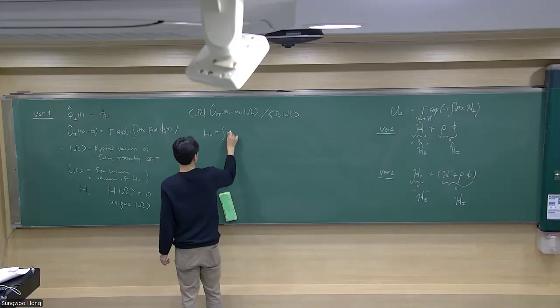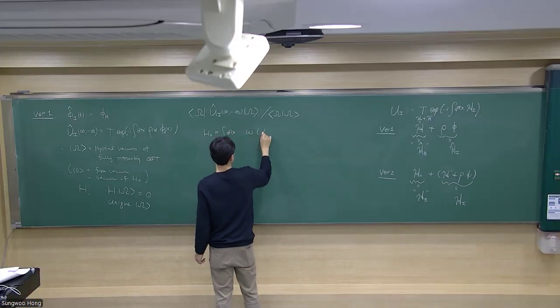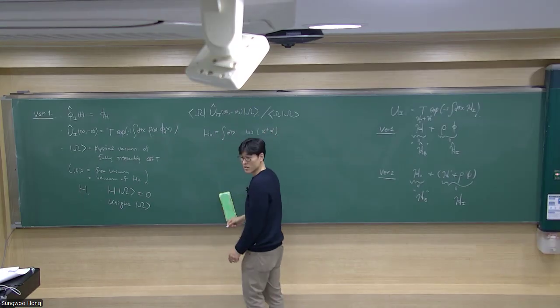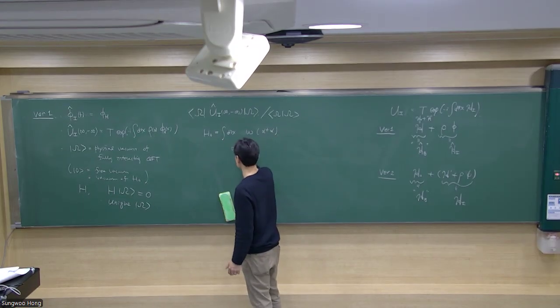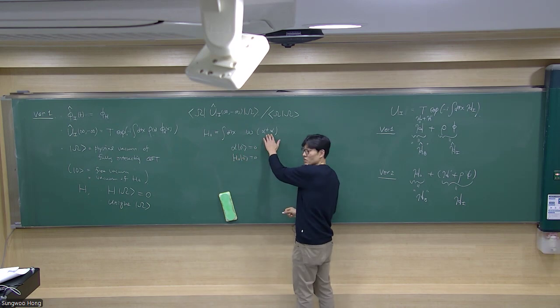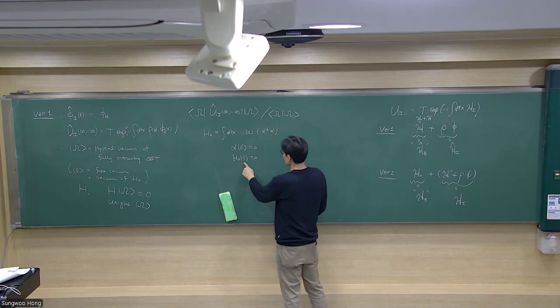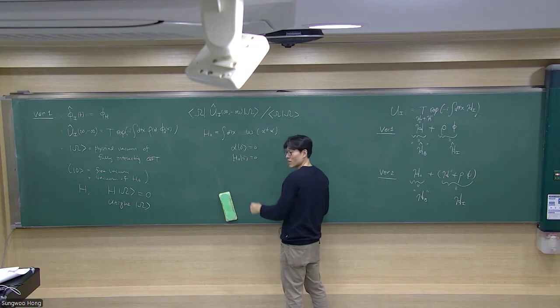This is basically omega up to a numerical factor, which I'm not worrying about. If you define your vacuum as this, obviously this is 0. So if you accept this as your definition for the free Hamiltonian, this should imply this, or vice versa.